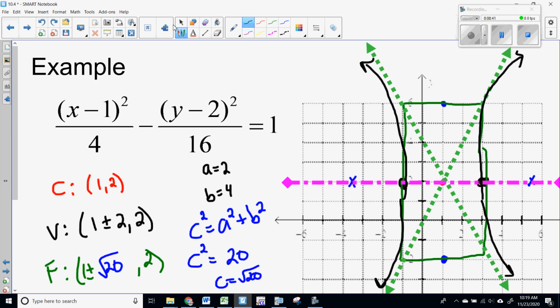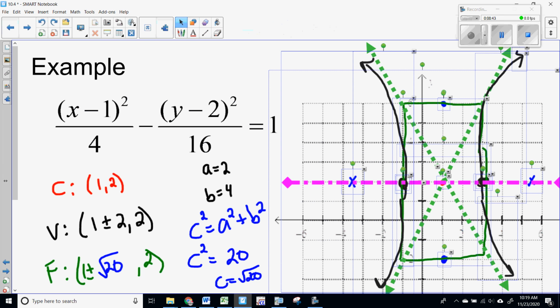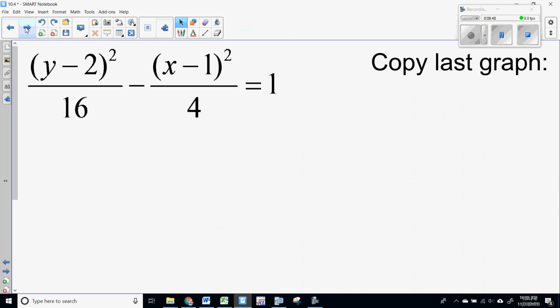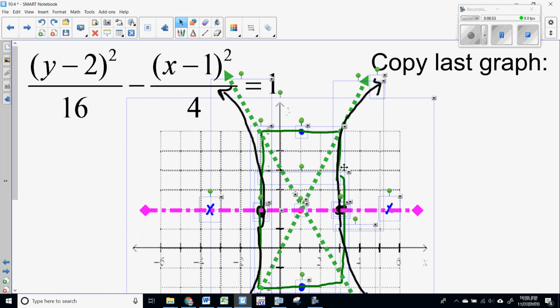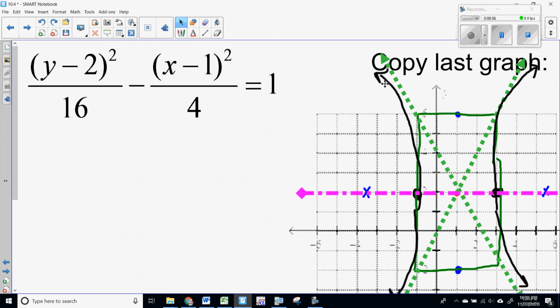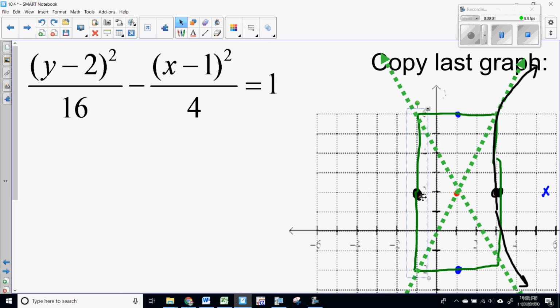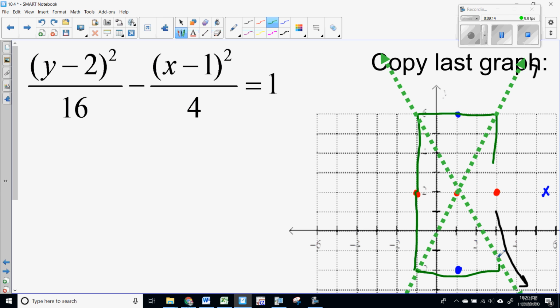Now let's consider another example, and I'm going to save us some time and consider this graph here. So if I get rid of some of the graph here, let's go through this one and you will see how similar these are.